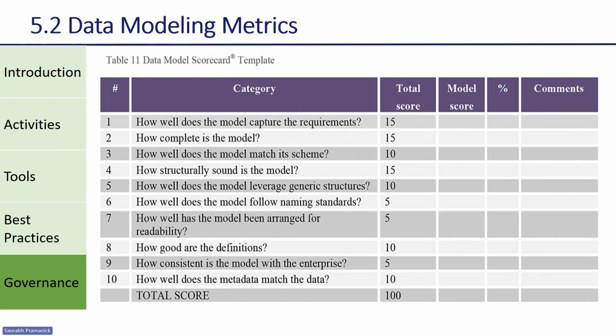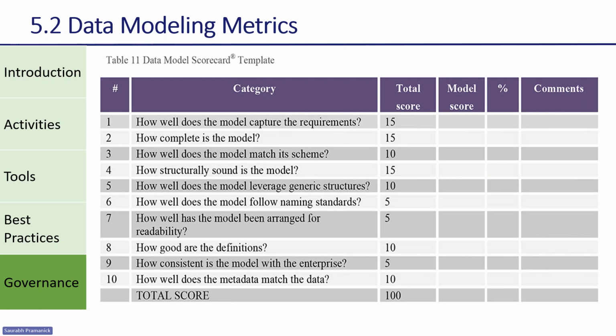And then you can start having data modeling metrics, measuring the data model quality, using data model scorecards that help you identify: how well the data model is capturing my requirements, how complete my data model is, how well the data model matches its schema, how structurally sound my model is, how well my data model leverages generic structures, how my model follows my naming standards, how well the model has been arranged for readability, how good the definitions are, how consistent the model is with the enterprise, and how well the model metadata matches the data.